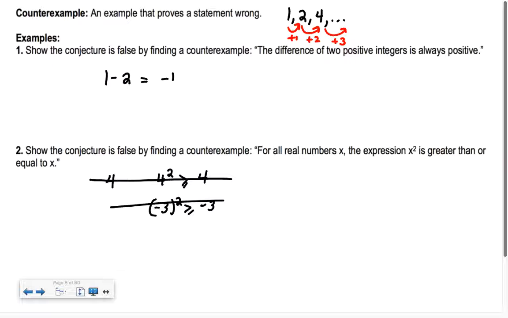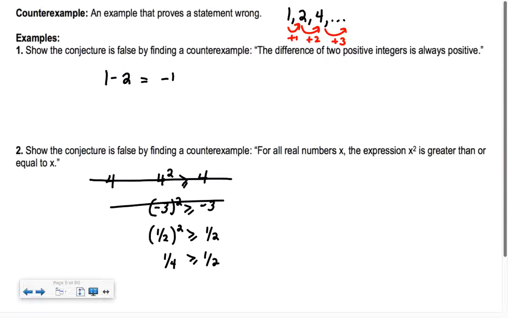What are other strange numbers? What fraction do we want? 1/2. Let's do it. So 1/2. If we square it, what do we get? 1/4, right? 1/2 times 1/2 is 1/4. Is that greater than or equal to 1/2?